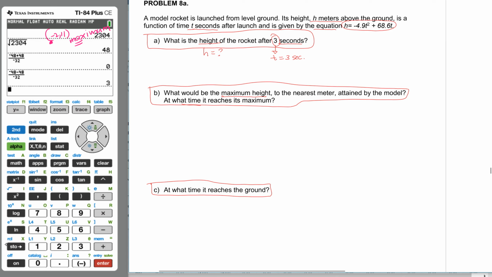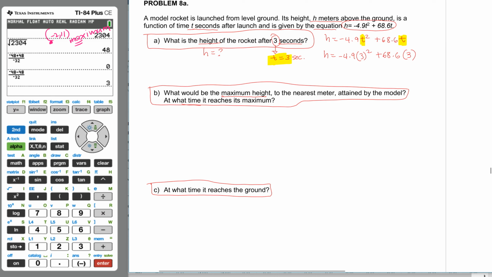So we have h equals negative 4.9 t squared plus 68.6 t. What I would like to do here is t equals 3. I'm going to plug it in. So h equals negative 4.9 times 3 squared plus 68.6 times 3.